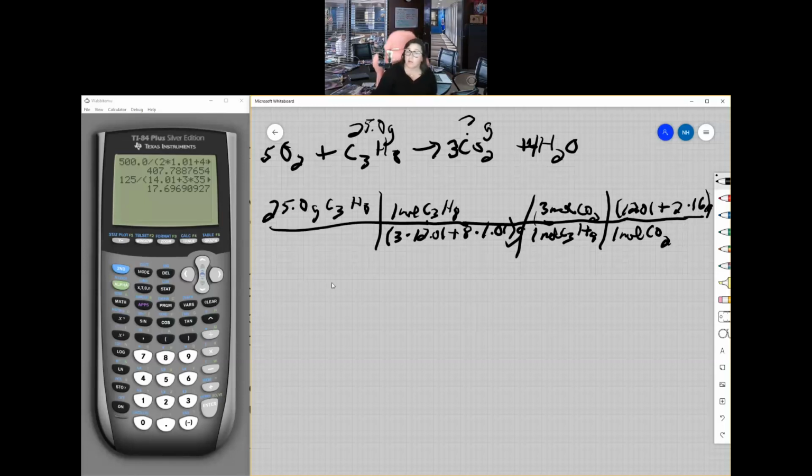If I do that, I should write 0 divided by 3 times 12 plus 8 times 1.1. Yes, I know, I didn't actually need to do it, but it won't sit right with me if I don't.